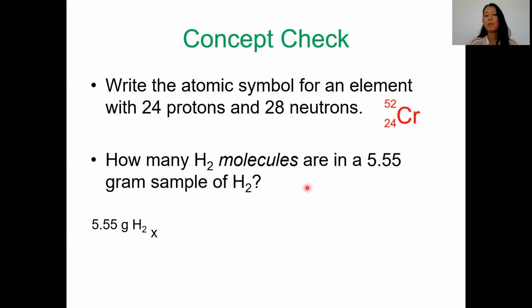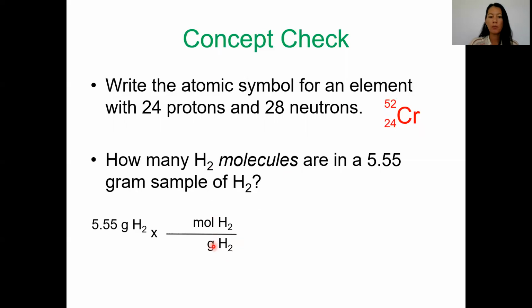The second one is how many H2 or hydrogen molecules are in a 5.55 gram sample of H2. Start with the 5.55 grams, and you want to go to molecules. I can't go there directly from grams. I have to use moles as a bridge. So I got to go grams to moles first, and then I'll go moles to molecules.